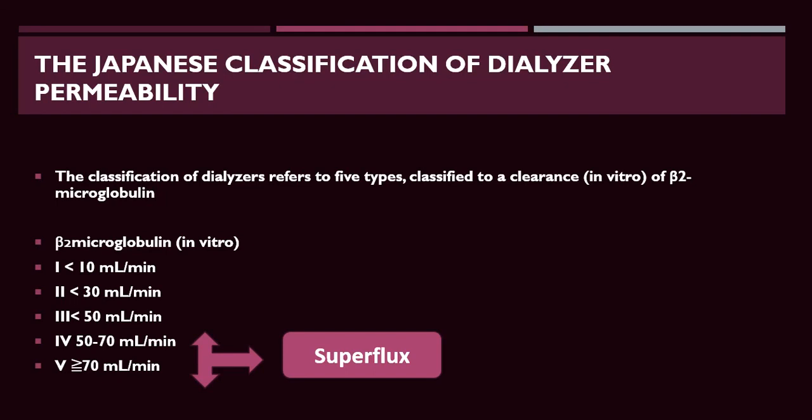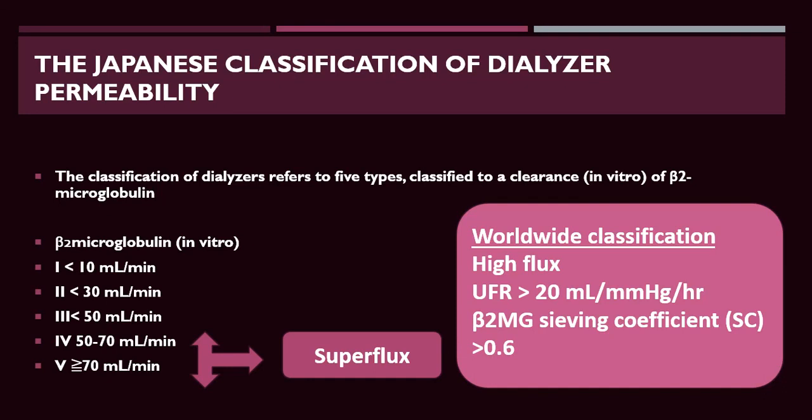Classes 4 and 5 have the highest level of clearance of beta-2 microglobulin, and the worldwide classification of high flux membrane depends on a beta-2 microglobulin sieving coefficient above 0.6.